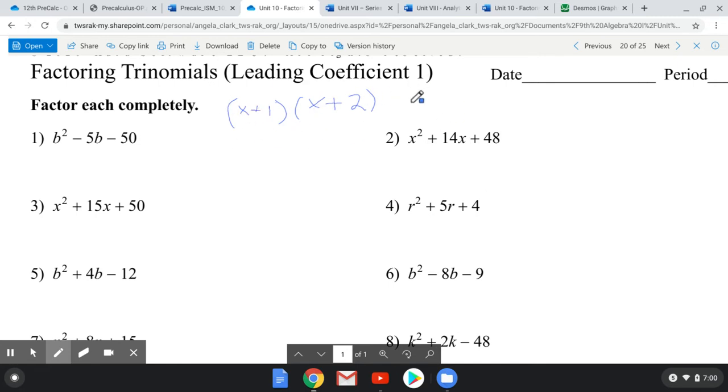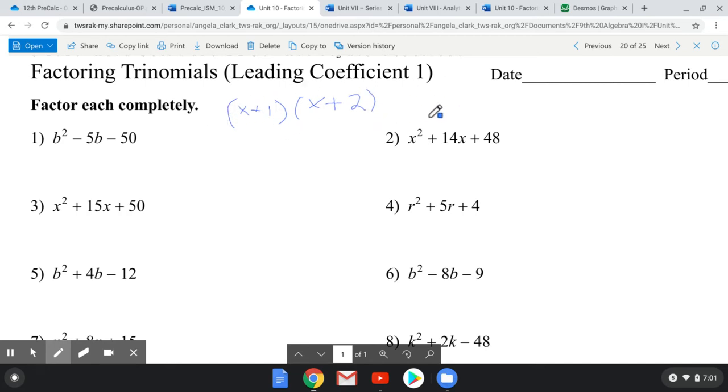So this is what our answer is going to look like. So remember, we multiplied these, and we multiplied each one, and then we multiplied each one. So now we're going the opposite direction. Instead of starting with this and multiplying, we're starting with a trinomial, and we're going to this. Okay, so this is the format that our answer is going to be in.